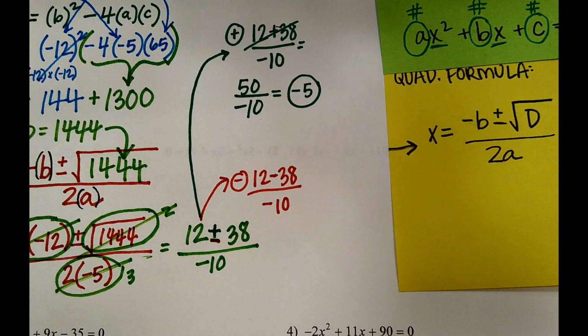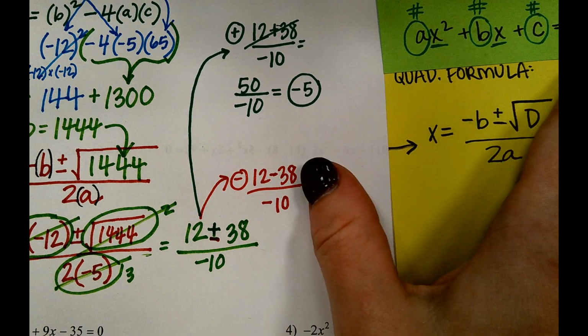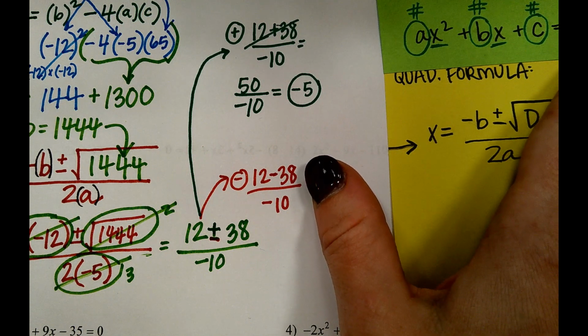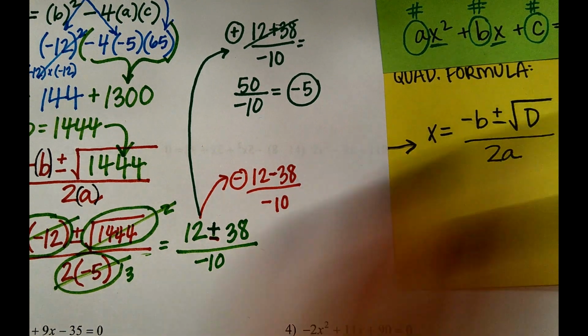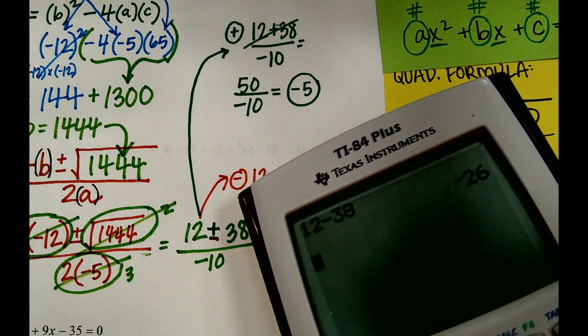Now, how do I begin this one? What do I do first? 12 minus 38. Perfect. 12 minus 38 is -26.